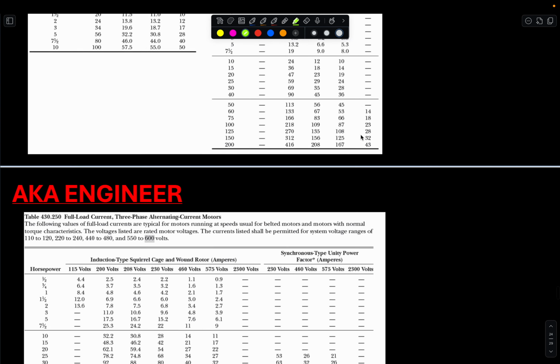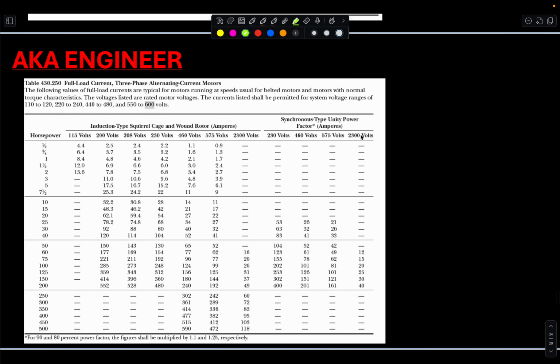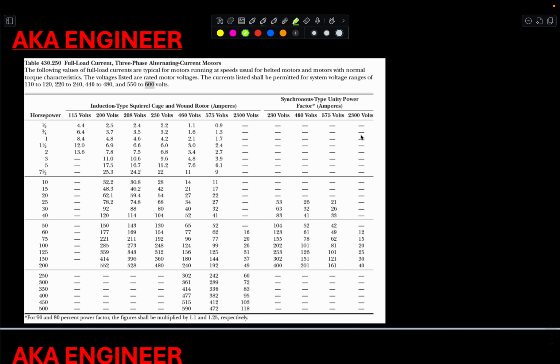The most common table that you're going to see, and that I highly recommend you familiarize yourself with, is Table 430.250. This is for the full load current for a three-phase AC motor. Keep in mind that this is the National Electrical Code 2017. The exam that I'm preparing for is referencing the National Electrical Code 2017.